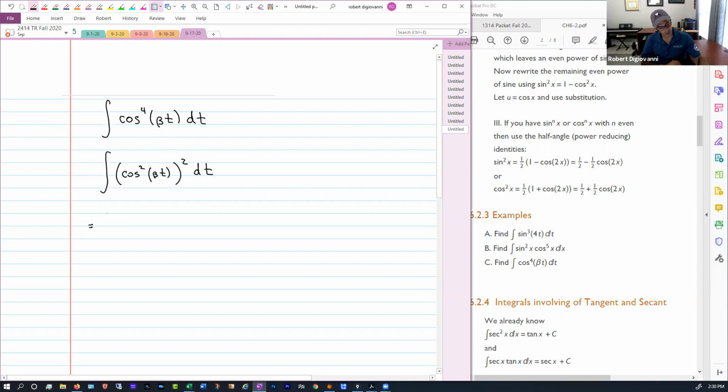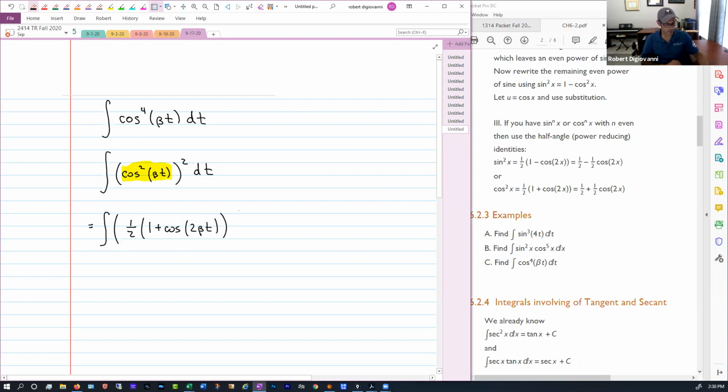Huge. So now what I do is I go integral, and now I'm going to rewrite this in here using the half angle identity, just like we did before. So that's going to be replaced with a 1/2, and then in parentheses 1 plus cosine of 2 beta t.